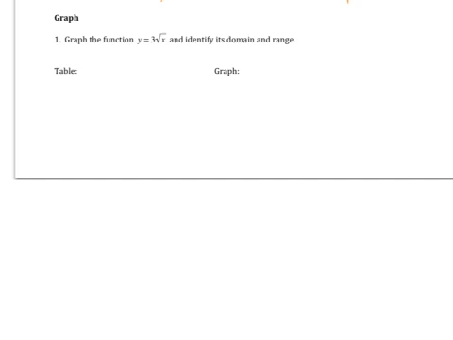So we're going to graph the function y equals 3 times the square root of x, and then identify its domain and range. So again, we're going to make a table, and we're going to plug in values that are very easy to take the square root of for x. So here's x, 3 times the square root of x, and y.